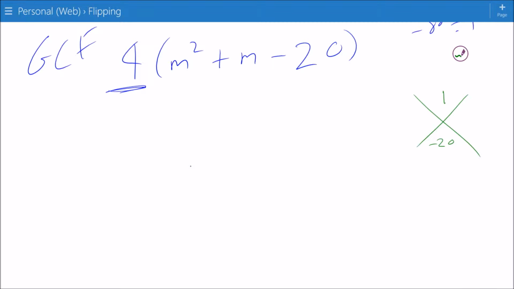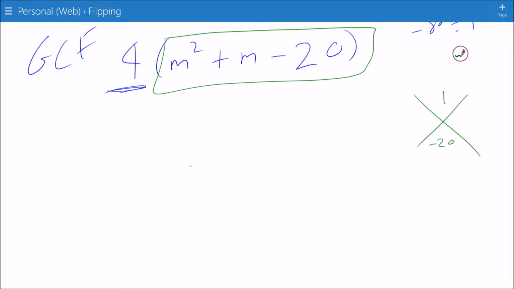I've already got the 4 out, so my a, b, and c all change because I'm only focused on this right now. I've already got the 4 out of there. That's old business. Two numbers added together will equal 1, and the product is negative 20.